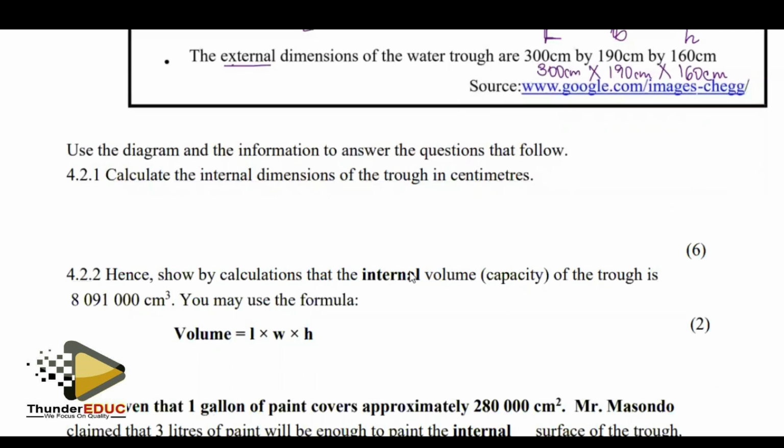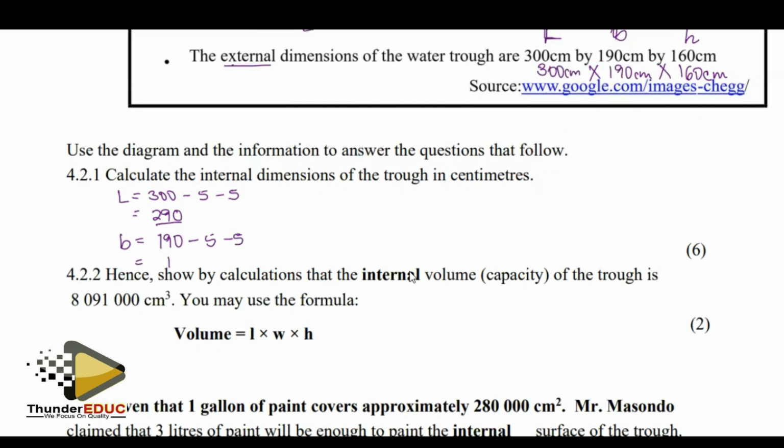All right, let's go and see. So we say the length will be 300 minus the 5 centimeters on one side minus another 5 centimeters, which will be 290. We go to the breadth, which is 190 centimeters. Also, you subtract 5 on one side, another 5 on the other side.